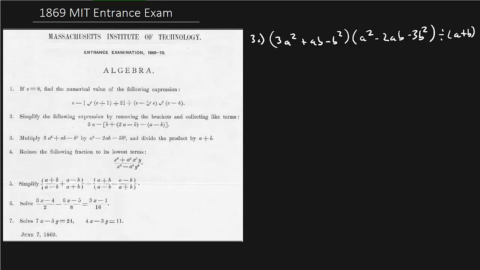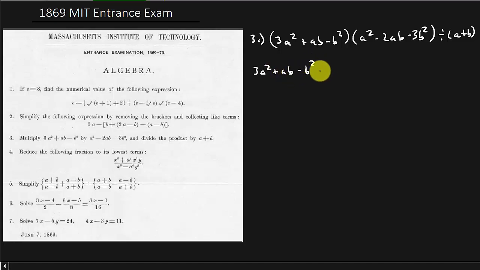But I got to thinking, well, why not just do this: a plus b minus b squared, times a squared minus 2ab minus 3b squared. And then why not times 1 over a plus b?